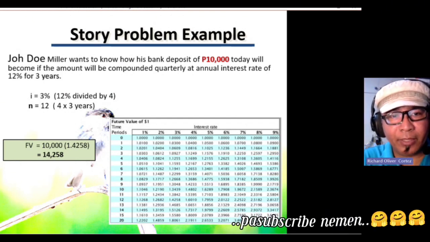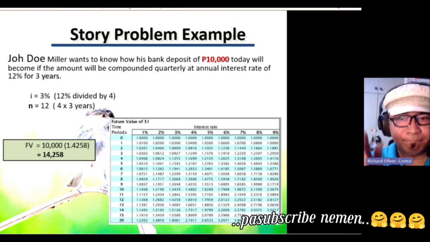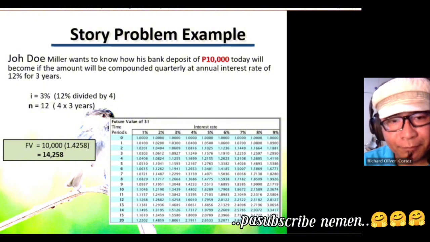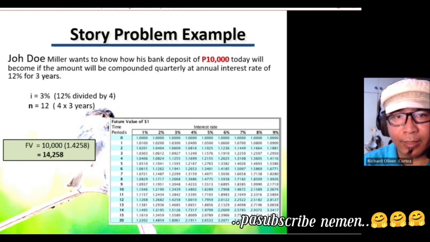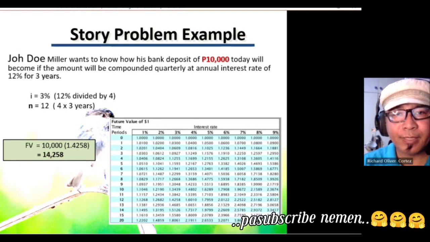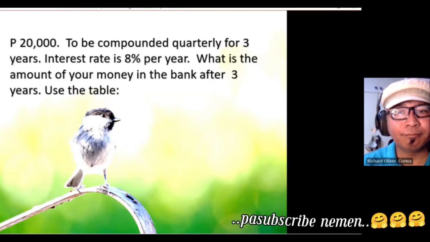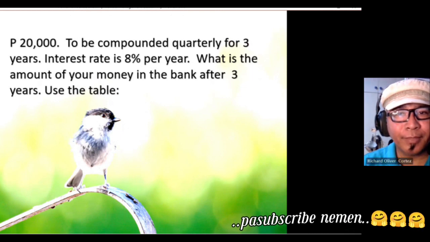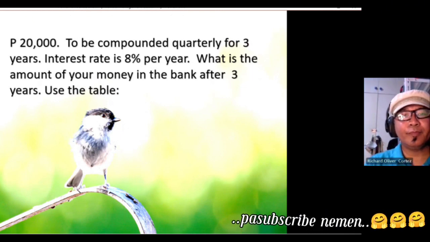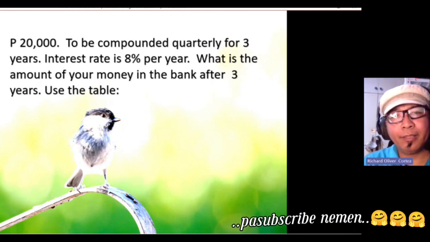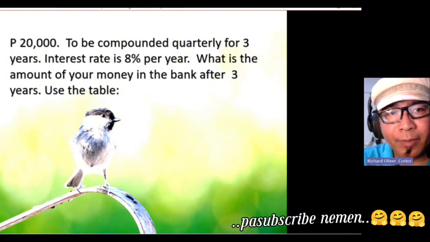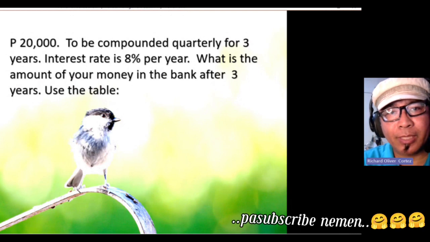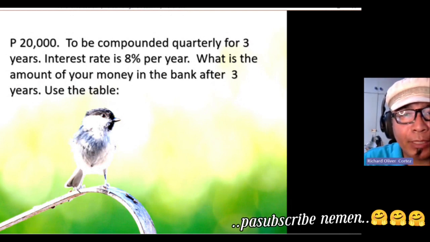Ayan, no? So very straightforward yung ating computation. Okay, so ayan. So let's have another sample. Medyo palakihin natin ating capital or ating principal na iinvest. This time, we have 20,000 pesos.